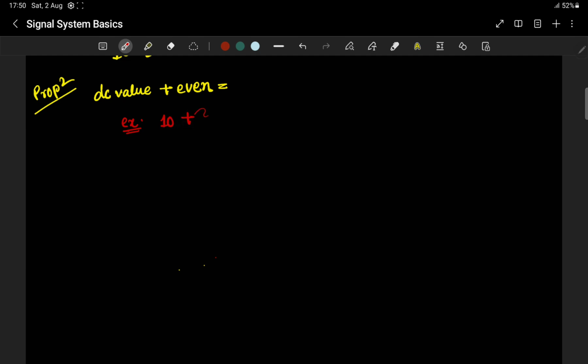10 plus I am taking an even signal, that is going to be our t square. So if I am taking this t square, this is basically x(t). If I do time reversal and translate it as x(-t), what does it give me? It gives me 10 plus (-t) whole square. Ultimately, it gives me the same thing.